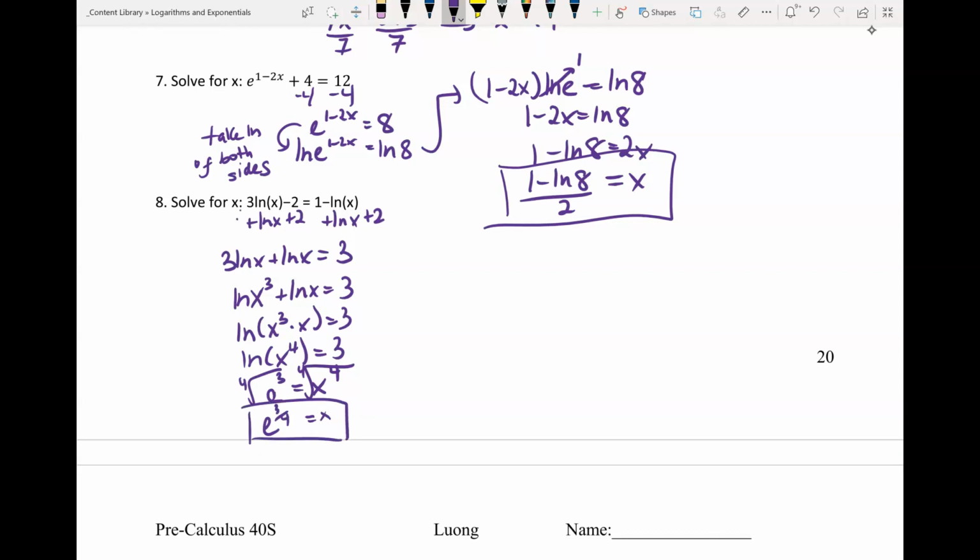Okay, again, from here to here, all I did was rearrange. Here to here, I used the power law. Here I used the product law. And then from there on, I just simplified.